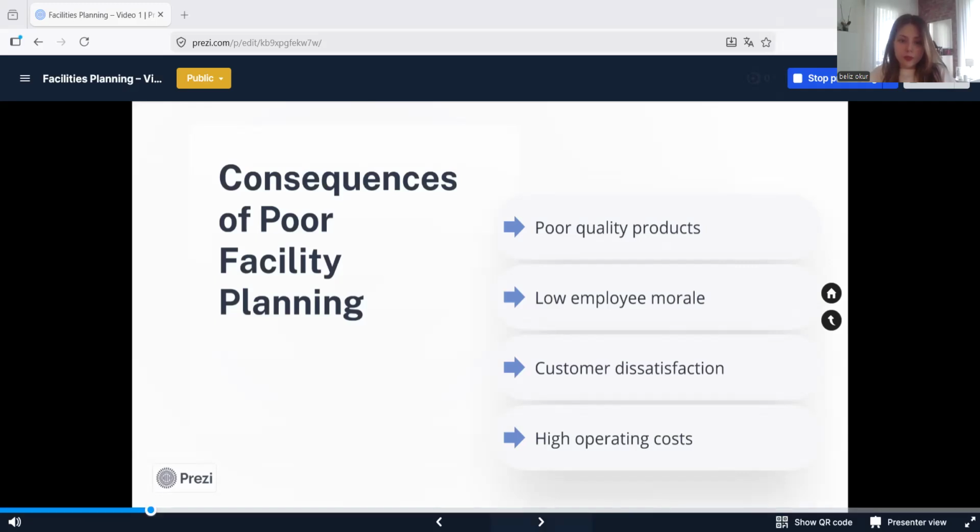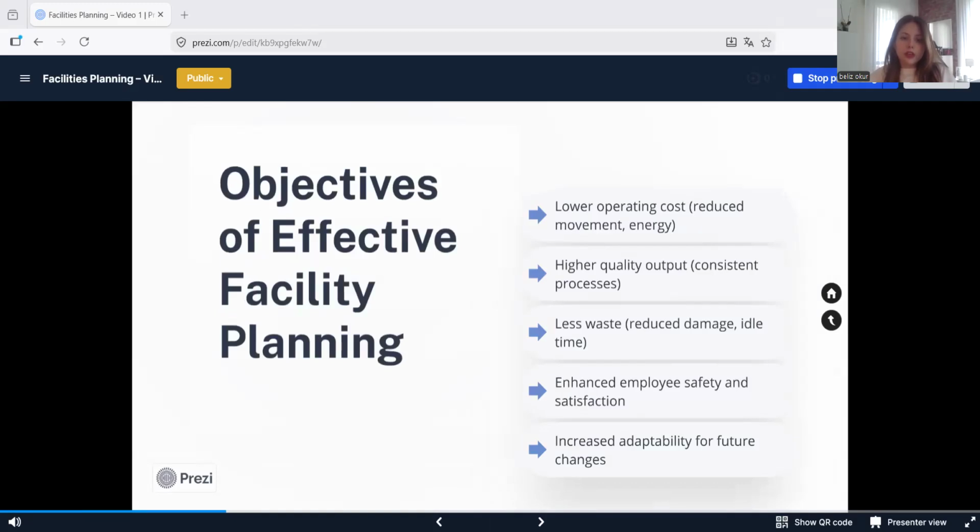So let's flip that around. What are we actually trying to achieve with effective planning? Our main objectives are pretty clear. Lower operating costs by reducing unnecessary movement and energy use. Higher quality output because our processes are consistent and stable.